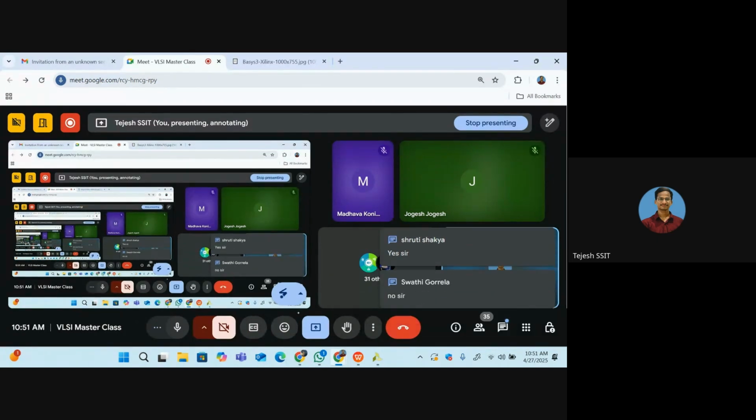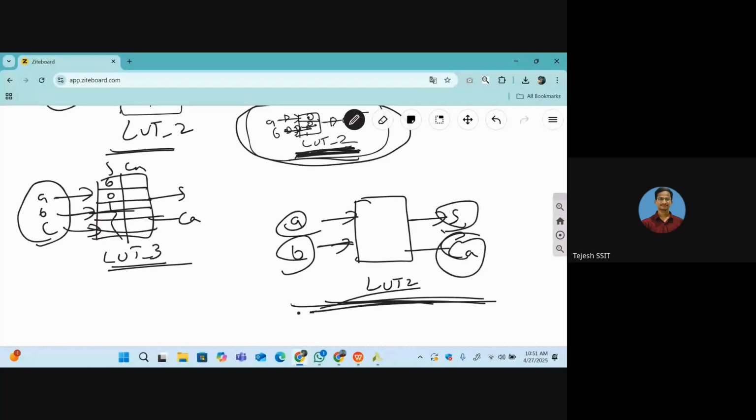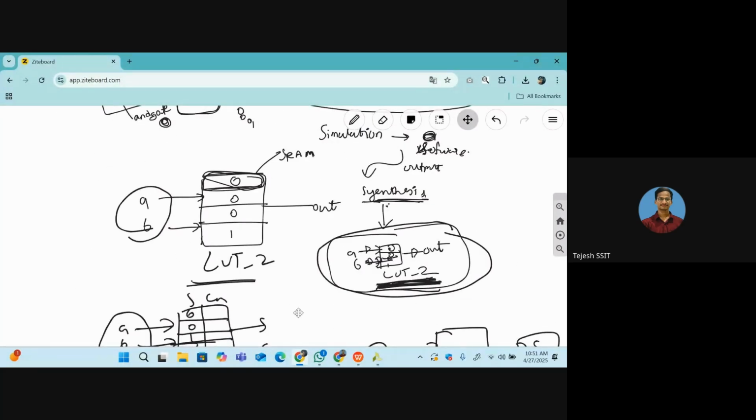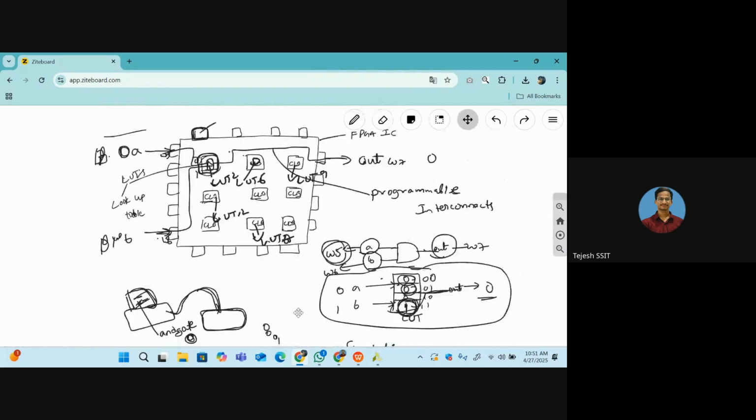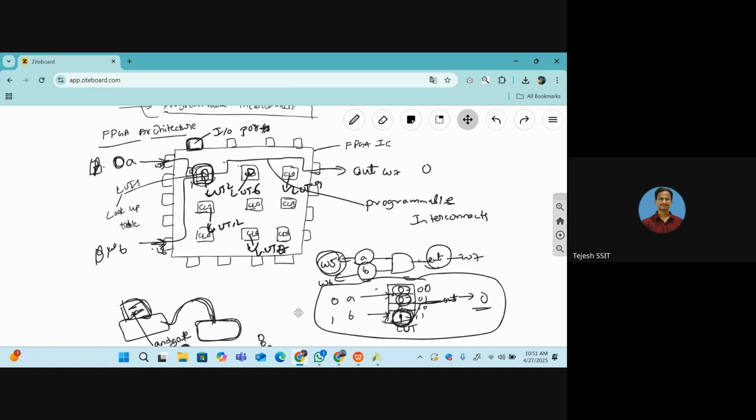Okay, I'll repeat my question. We have the LUT2 lookup table, with two inputs and one output. Our synthesis in the Vivado tool will generate this LUT. How can they exactly find this LUT in this CLB?